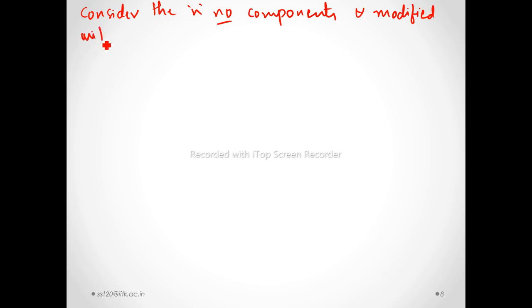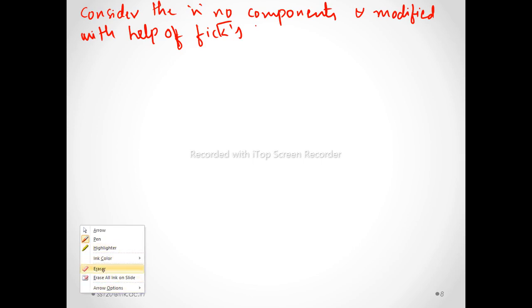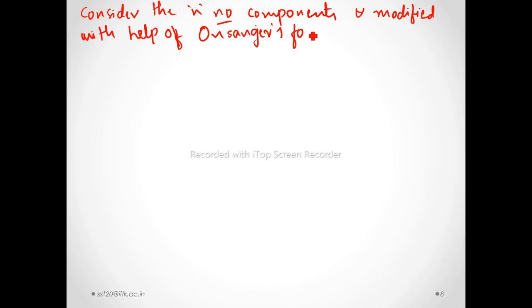Sorry, it's not modified with a fixed law, it's modified with a consensus formalism. Okay.